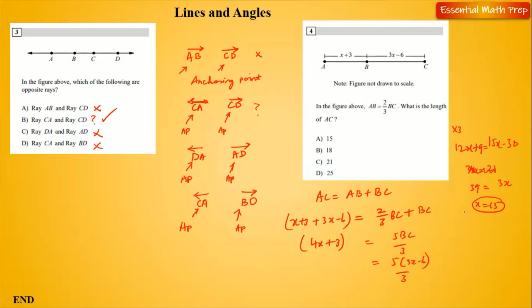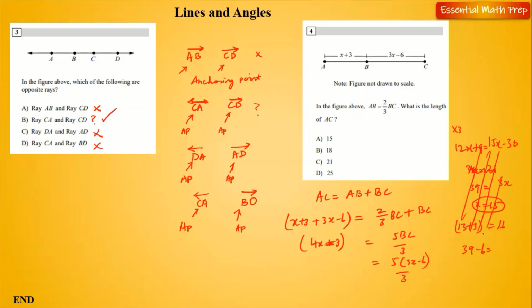Sorry about that. Now we have to figure out AC. That means it's x plus 3, so 13 plus 3, which is 16. And 3 times 13 is 39, minus 6 is... oops. Okay, this is 4x minus 3.